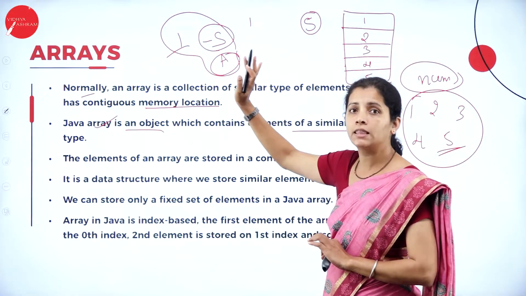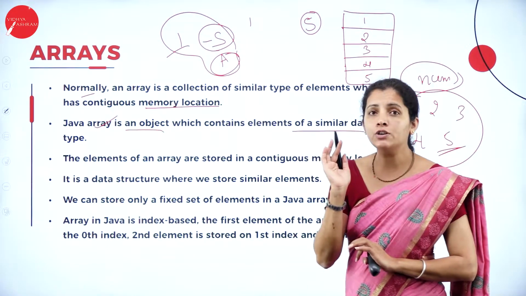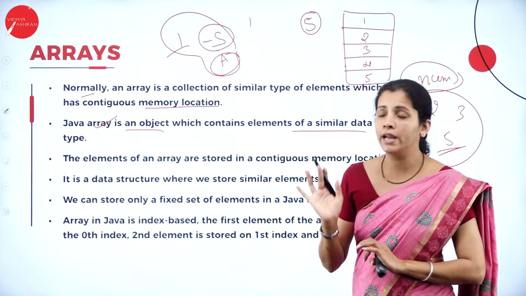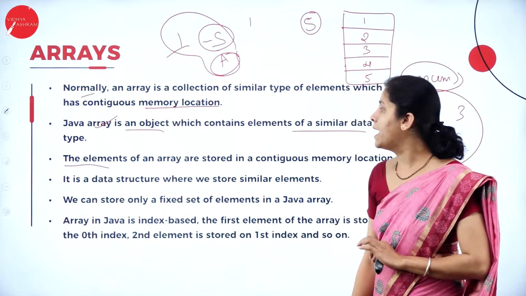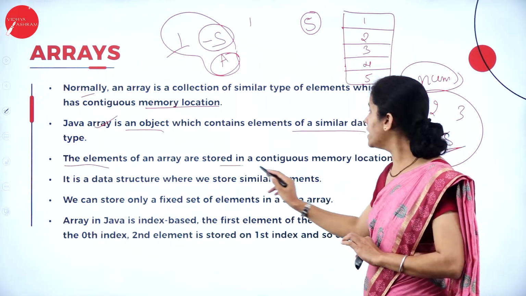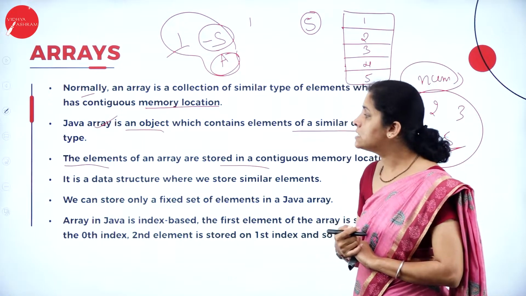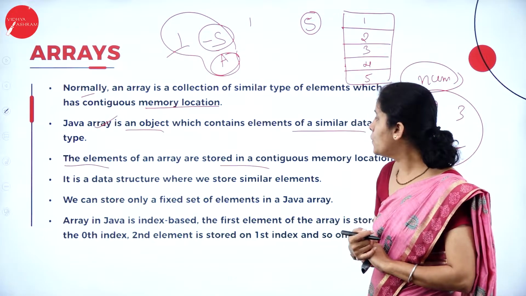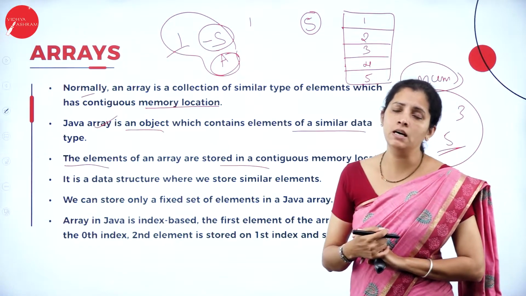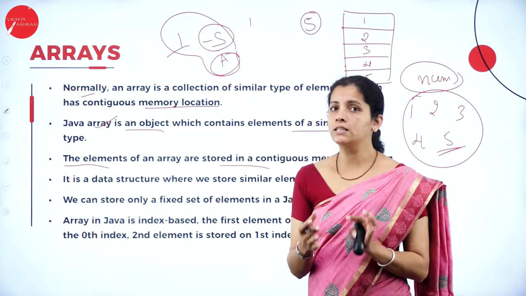So, array is nothing but a collection of the same kind of data. The elements of an array are stored in a continuous memory location. It is a data structure where we store similar elements. So, what is an array?